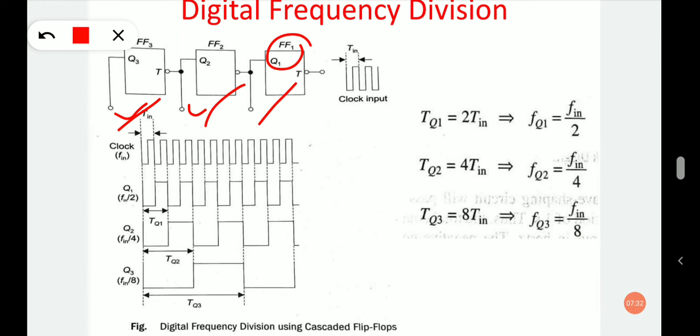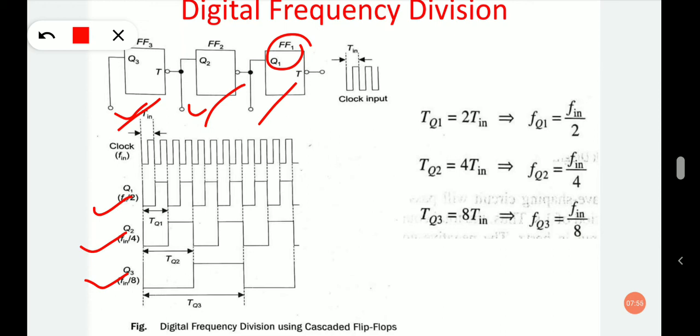They can be used for frequency division purpose. And respective waveforms for each flip-flop are shown, for Q1, Q2 and Q3.